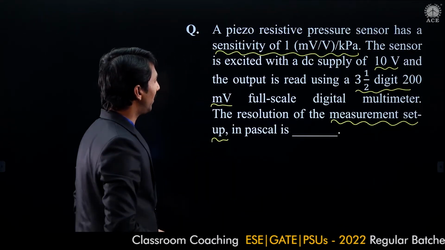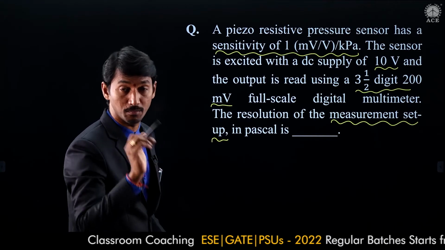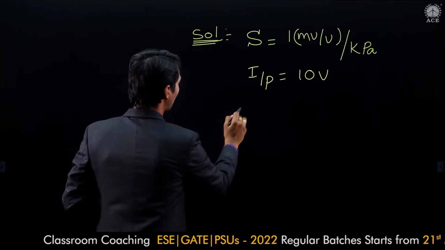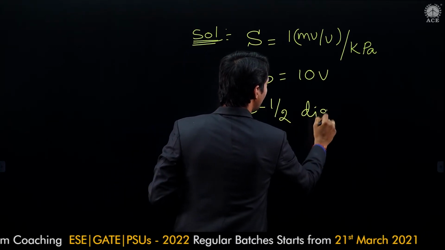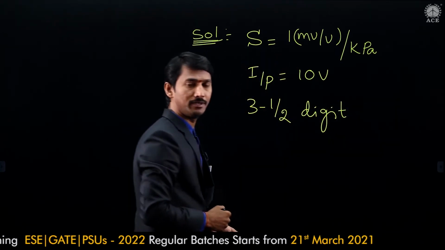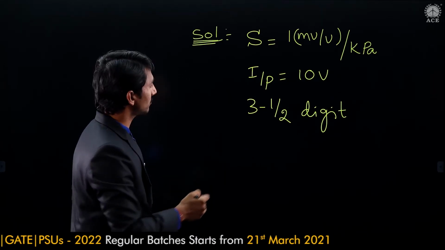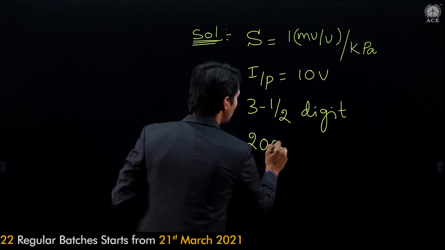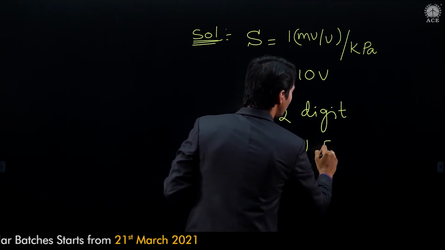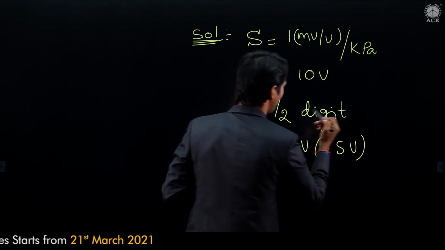Sir, what is the device? 3.5 digit. Be clear, 3.5 digit. So the device is a 3.5 digit DVM or DMM multimeter. What is the range? 200 millivolt. 200 millivolt full scale value he has given.